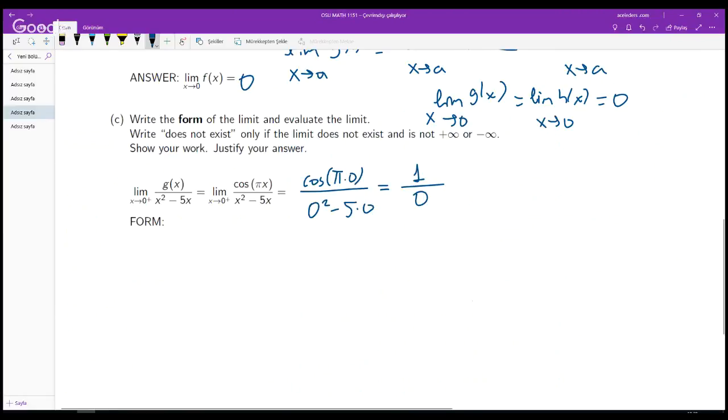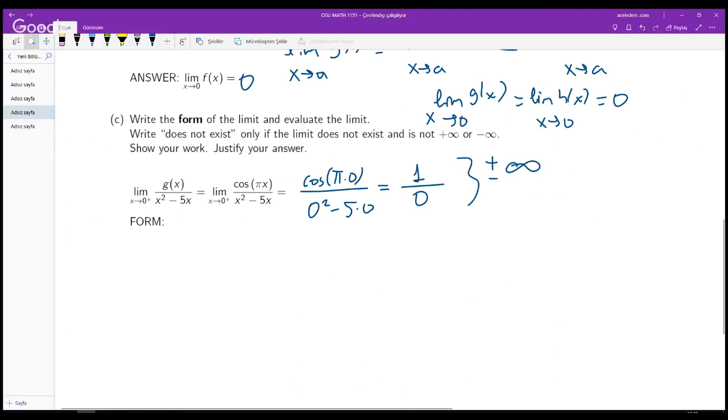So I know that it's going to be infinity, but I'm not sure if it is positive infinity or negative infinity. How am I going to find it? So let's think about cosine of π times 0, which means cosine 0, and let's think about x squared minus 5x.